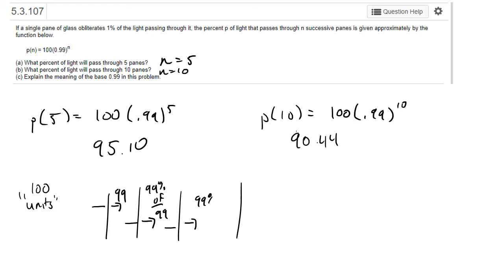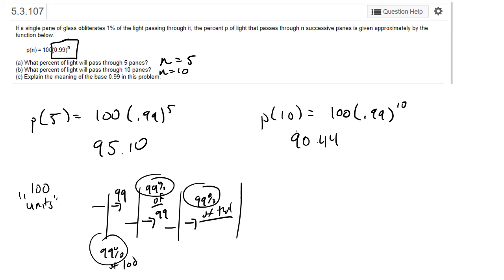Then 99% of that, etc. So notice we have consecutive multiplications of 99%, which is 0.99. And when I consecutively multiply it over and over again, I have 0.99 to a power. That's what 0.99 to the n is representing.